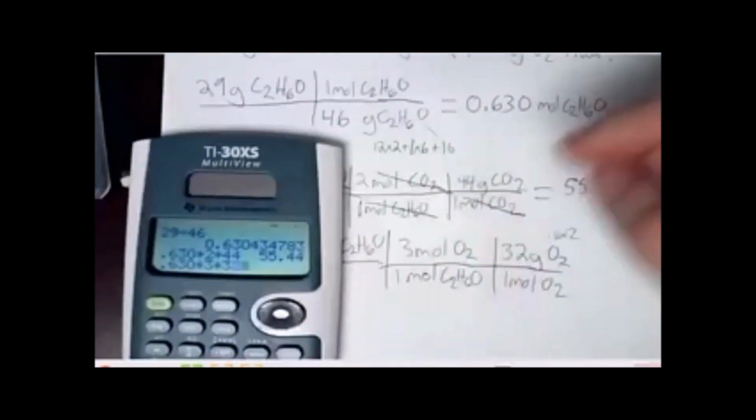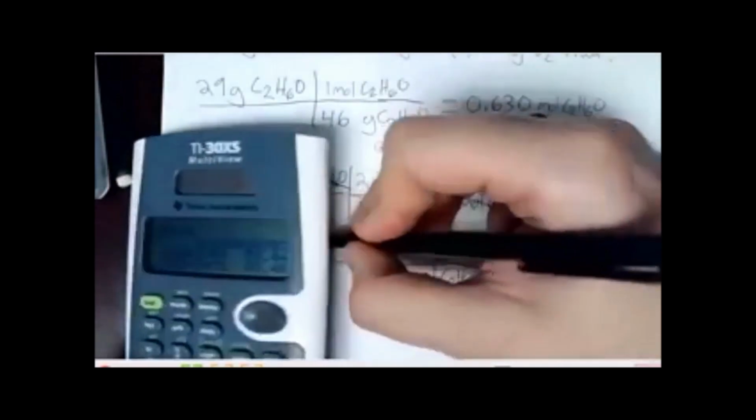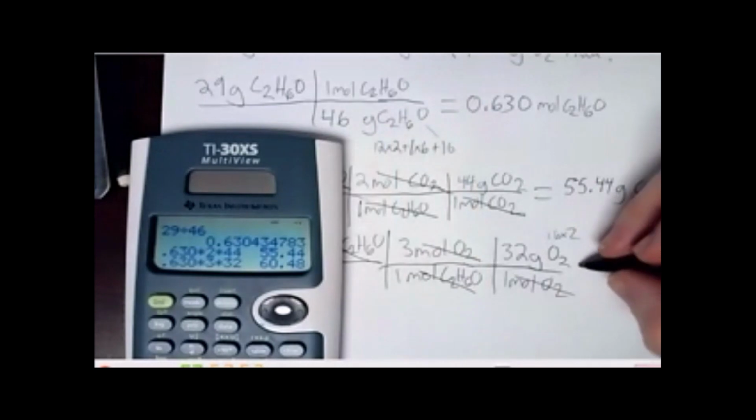So 0.630 times 3 times 32, because we need to cancel everything out. How much oxygen would we need? We would need 60.48 grams of oxygen. And that is how we do our math for these.